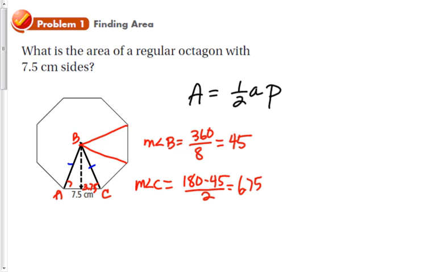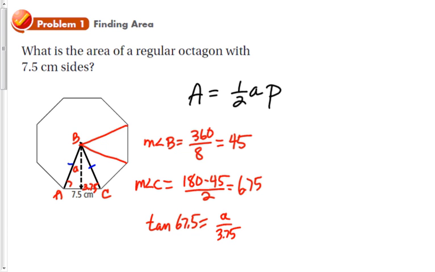Now that I know that angle C has a measure of 67.5, I can use trigonometry. The tangent of 67.5 is equal to the side opposite of angle C, which is the apothem, divided by the adjacent side, which is 3.75.